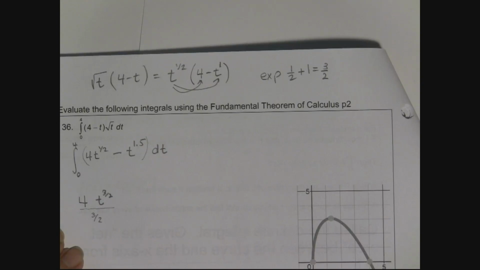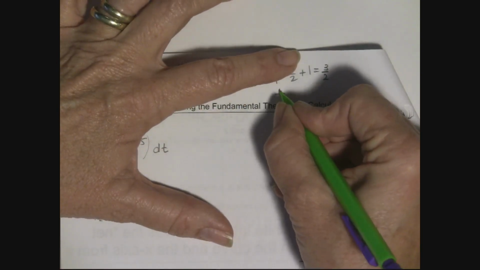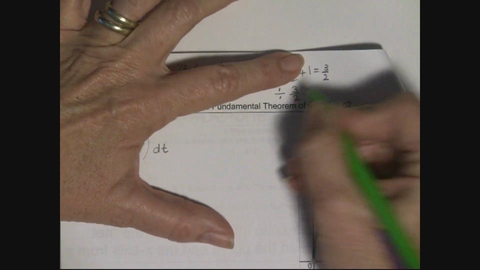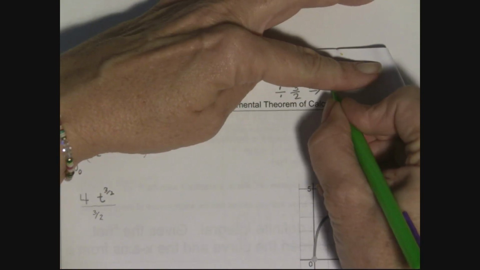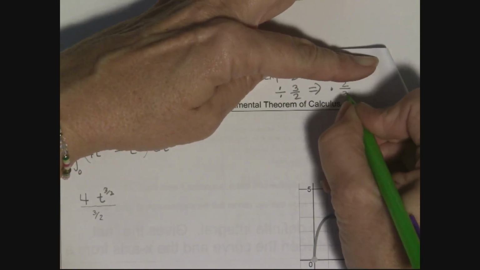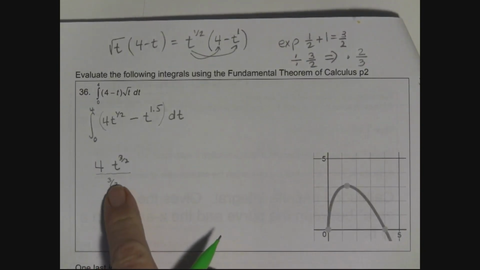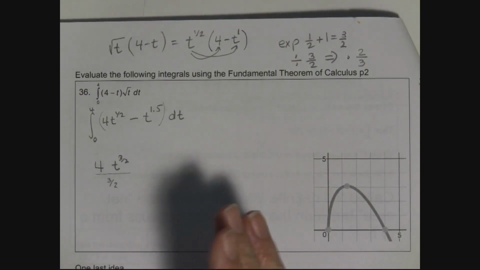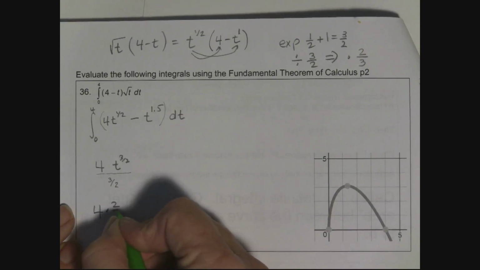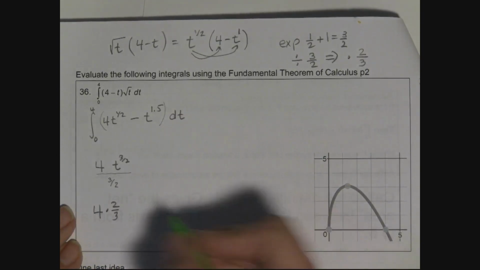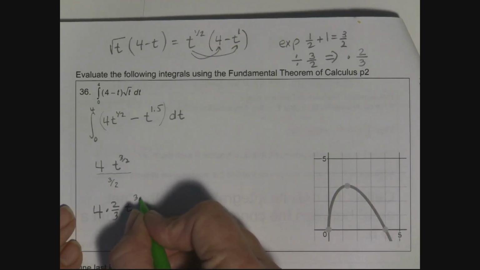But when it's a fraction, I'm a lazy person, and so I say to myself, dividing by 3/2 is the same as multiplying by 2/3, the reciprocal. So I don't divide by 3/2. You can. I'm fine with that. What I do is say this is going to be 4 times 2/3, multiplied by the reciprocal, and then t to the 3/2. But you do you.